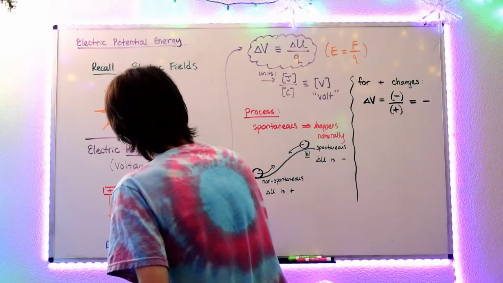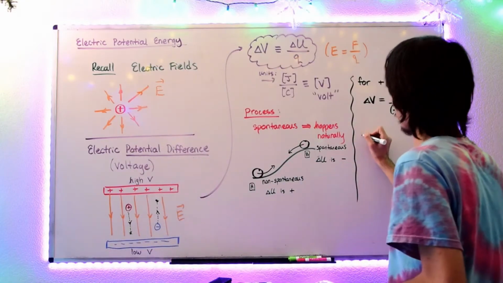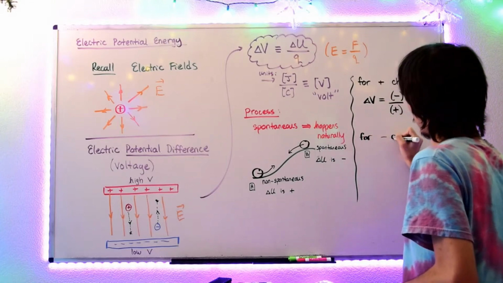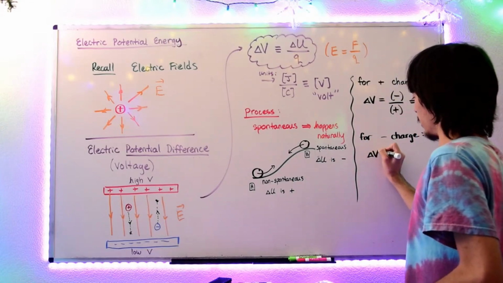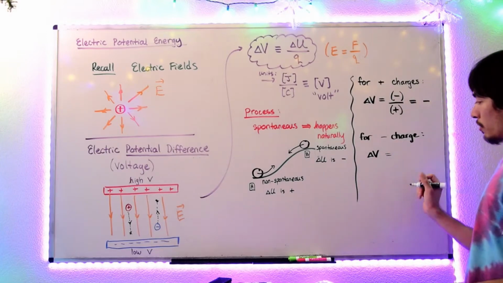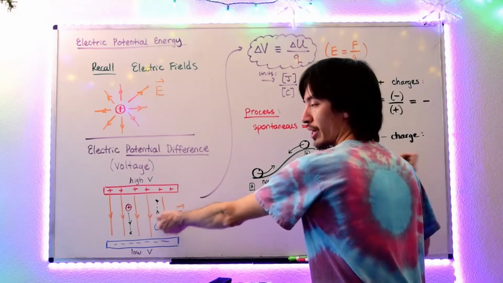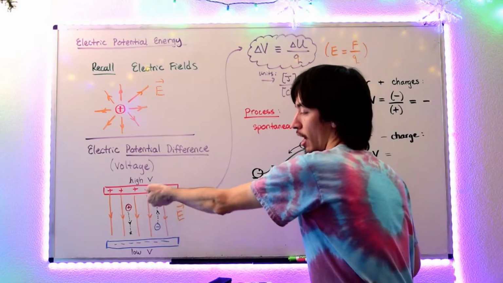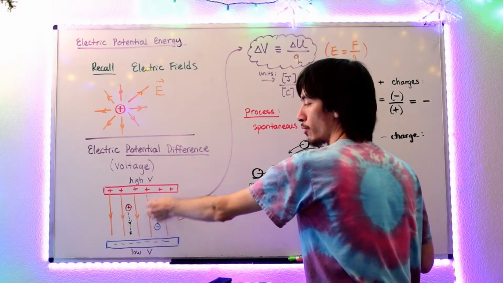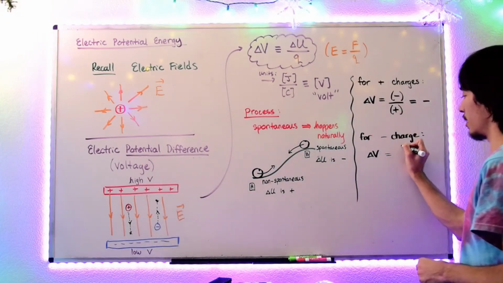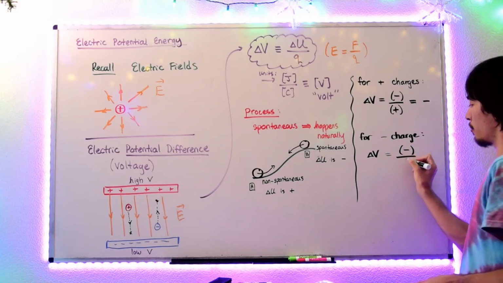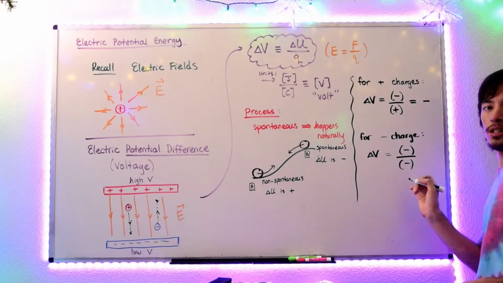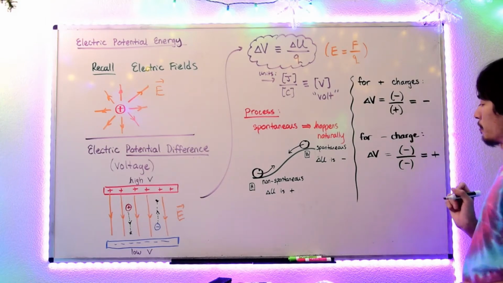And so we say, okay, for the negative charge, delta V equals, so we are decreasing its potential energy because it happens on its own or naturally. It will move towards the positive charge on its own, so it's decreasing potential energy upwards instead of downwards. But now it's a negative charge, so minus minus makes it a plus.